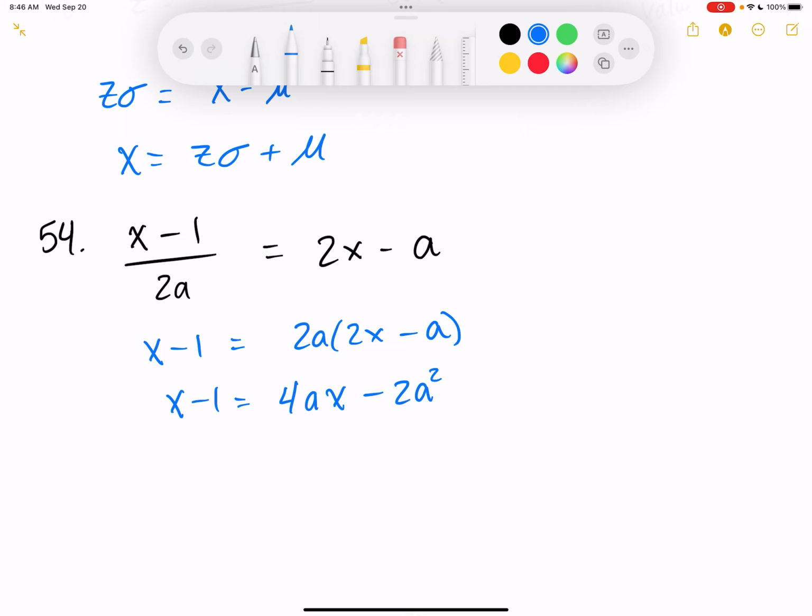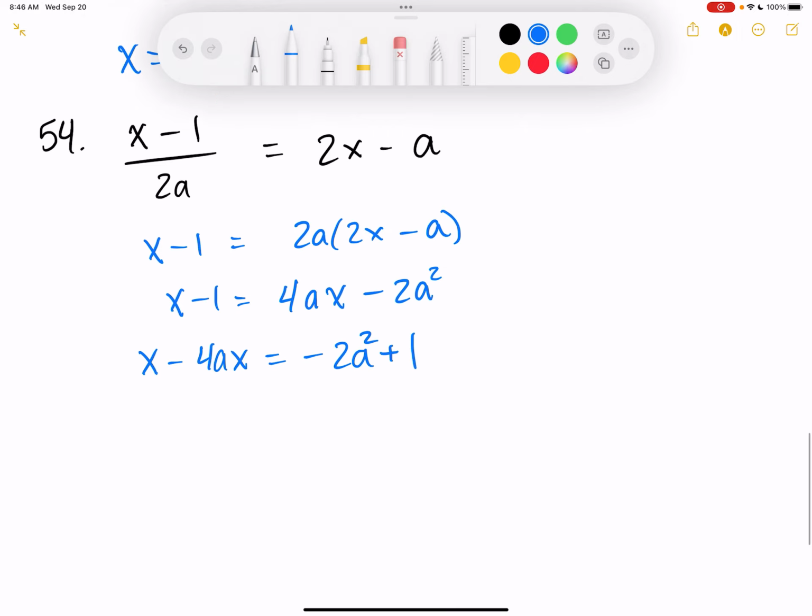So once I get to this point, now I'm going to move my x terms to the left and my terms that do not have an x on them to the right. So I'm going to have x minus 4ax is equal to negative 2a squared plus 1. So now I have an x in both terms on the left, so I'm going to factor out an x.